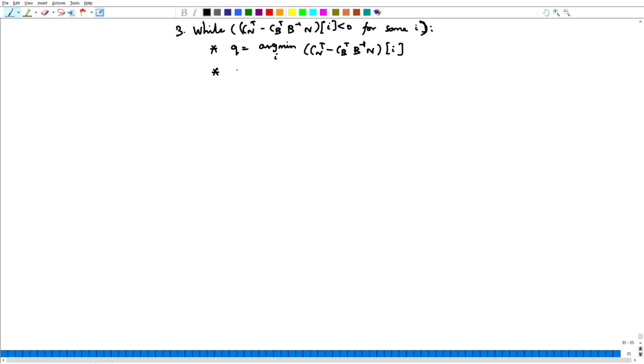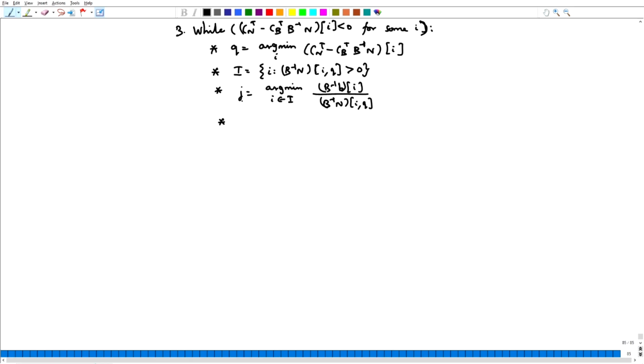And let I be the set of all indices for which B inverse N of i comma q is greater than 0. Now, j is argmin over i in I of B inverse b of i by B inverse N of i comma q.